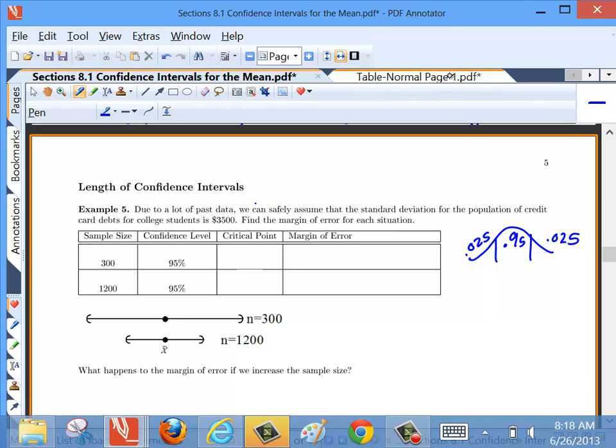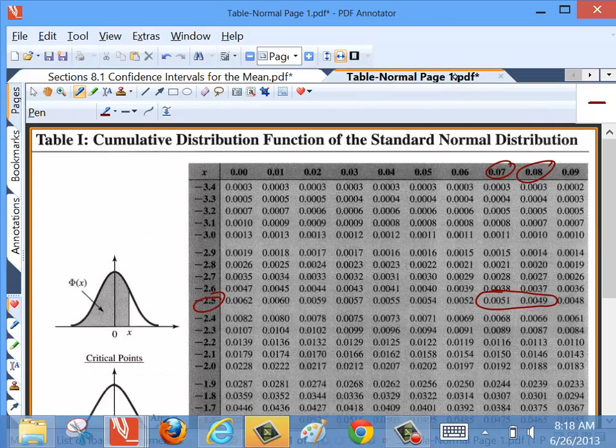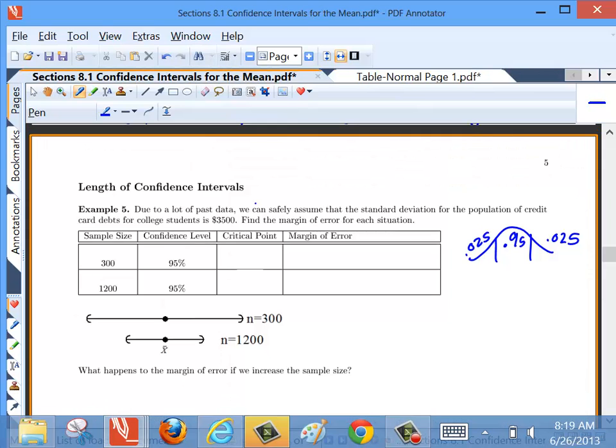We go back to our standard normal table, looking for 0.025. So z is negative 1.96. Pretty soon you'll probably memorize that.